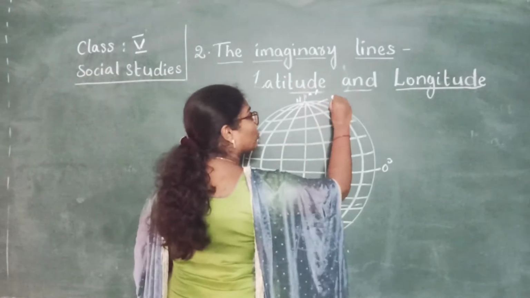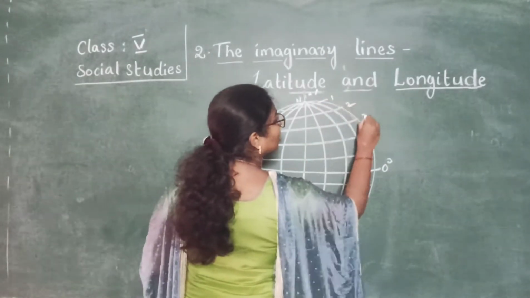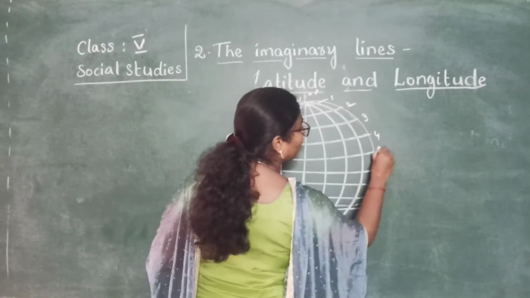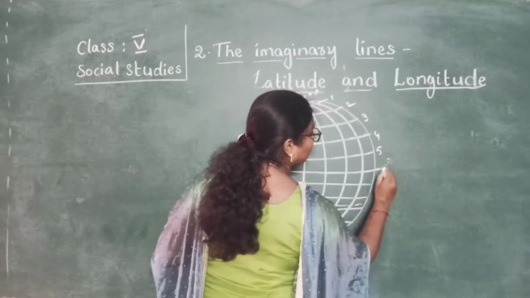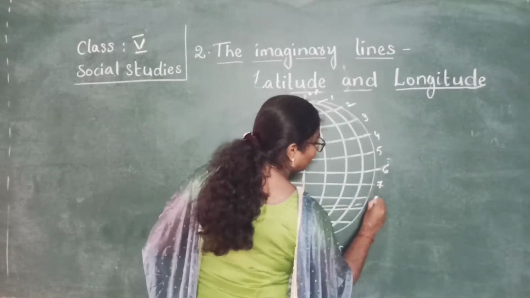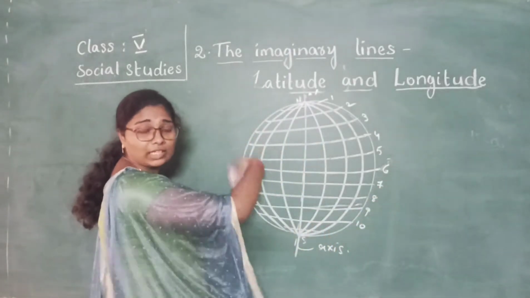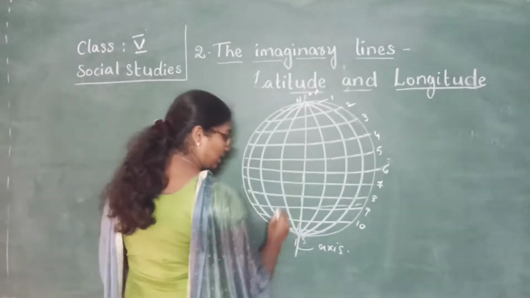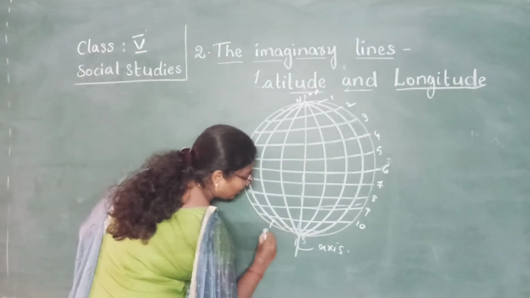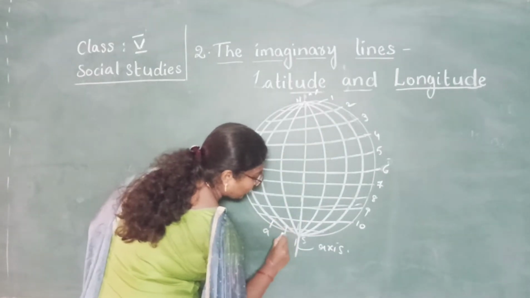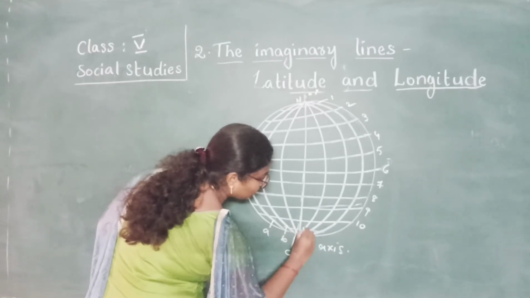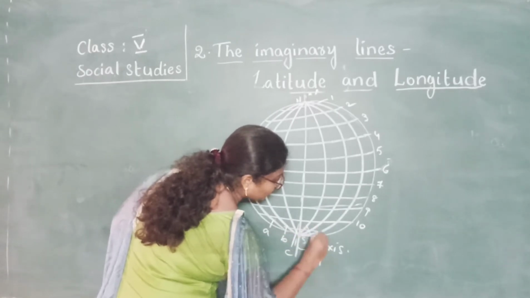Say this line is 1, 2, 3, 4, 5, and let the equator line be 6, 7, 8, 9 and 10. And we'll give these longitudes alphabets A, B, C, this is D.